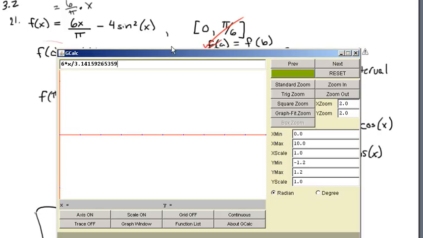And then minus 4 times sine of x quantity squared. And we'll go over our interval of 0 to pi over 6. So take pi divided by 6, you get 0.52359877 roughly.